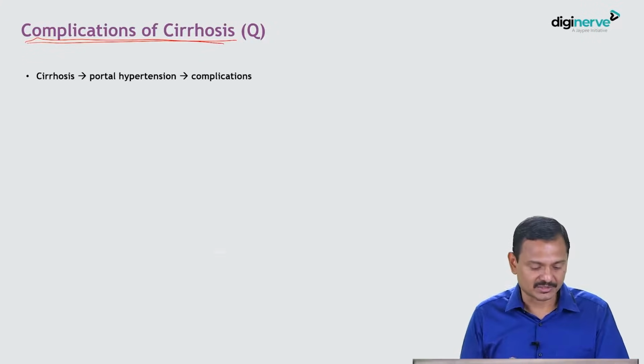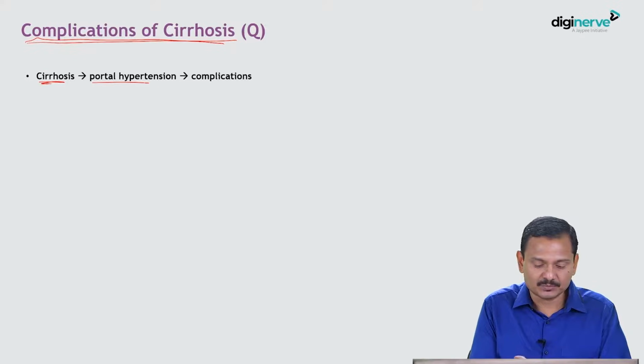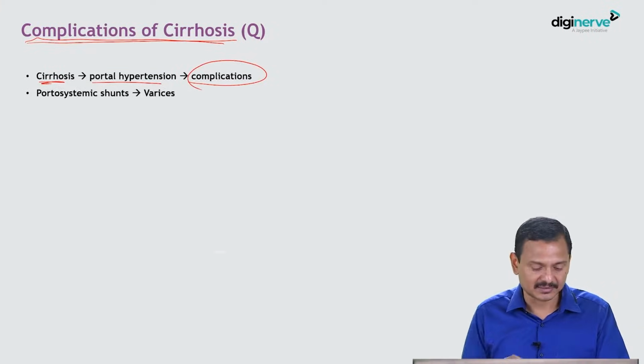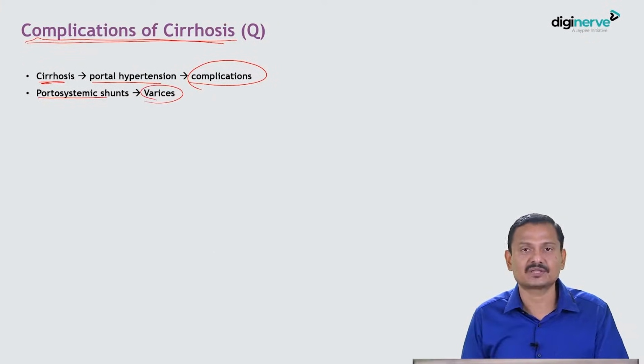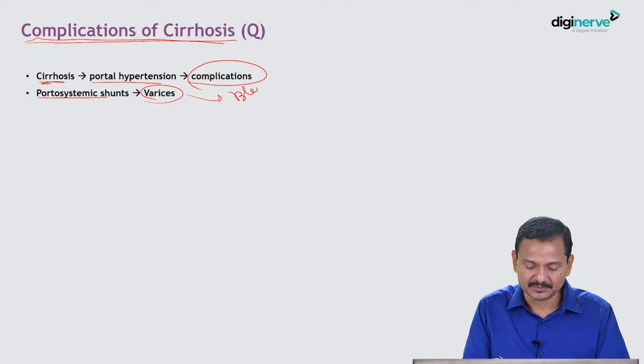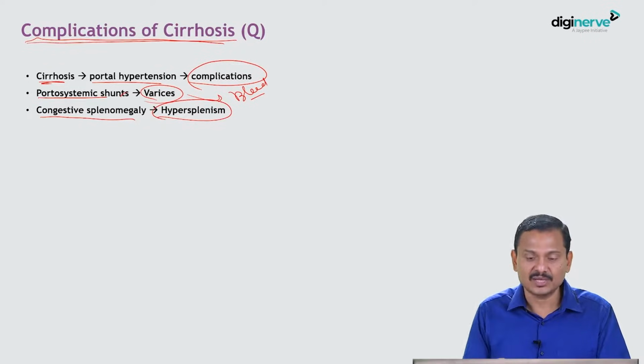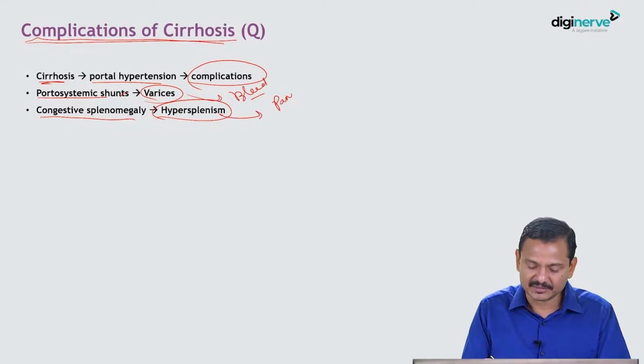We have already seen the causes of death, but here we will see the other complications. First, cirrhosis can lead to portal hypertension, and then all the complications start. So there can be portosystemic shunts, and that will lead to esophageal varices which can bleed. Second is congestive splenomegaly, and this can lead to hypersplenism, so pancytopenia.